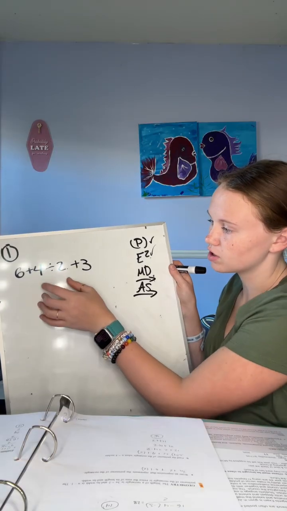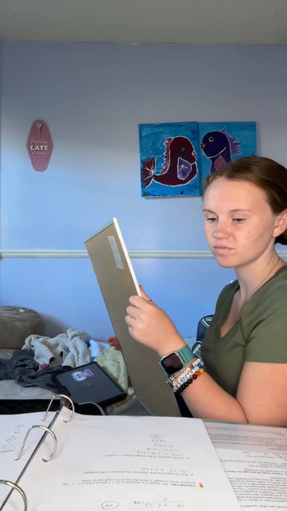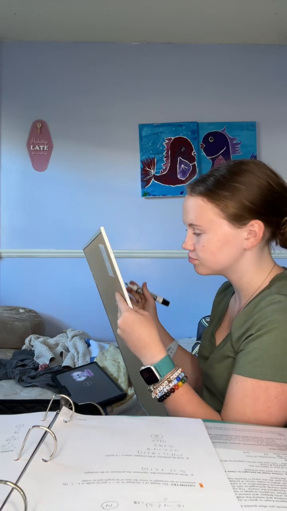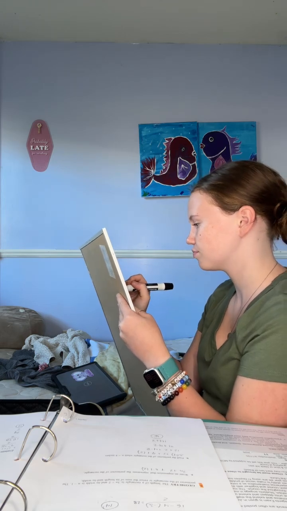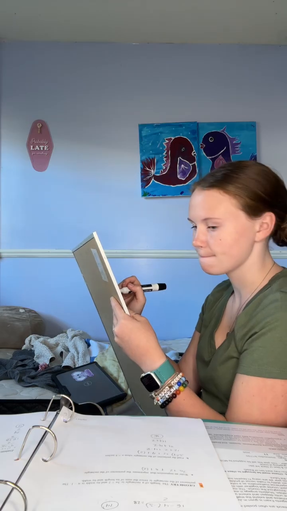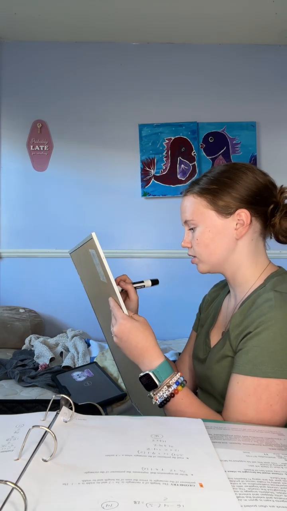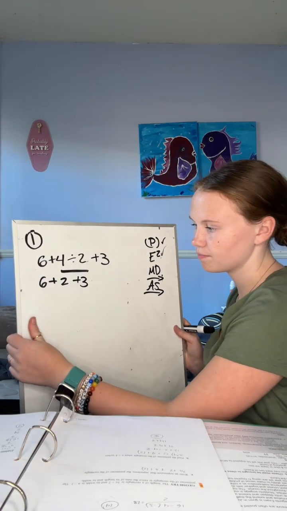So, starting here, we have 4 divided by 2, that gets you 2, so it's going to be 6 plus 2 plus 3. Okay, pretty straightforward here.